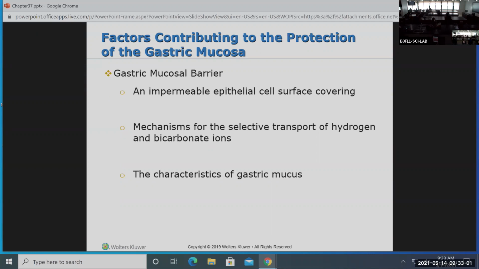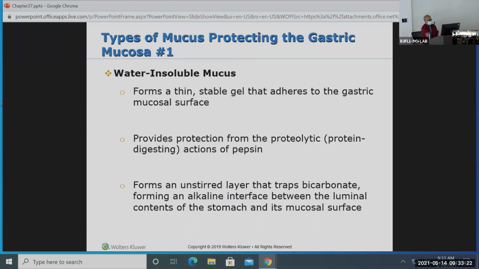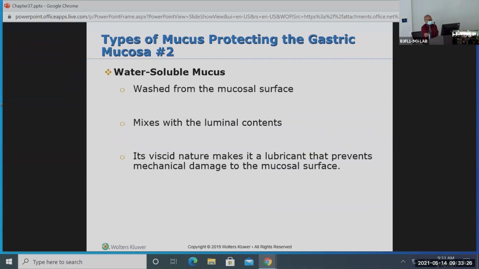Now, gastric mucosal barrier, which is an impermeable epithelial cell surface covering. Mechanism for selective transport of hydrogen and bicarbonates, and they have a characteristic of gastric mucus. Now, one is water insoluble, and the other one is water soluble.